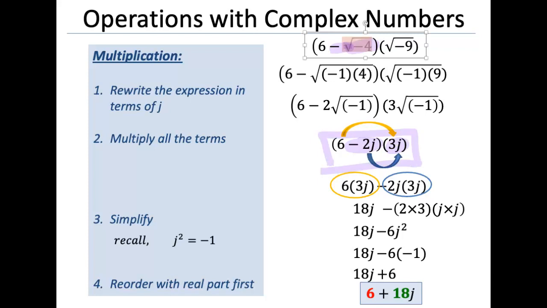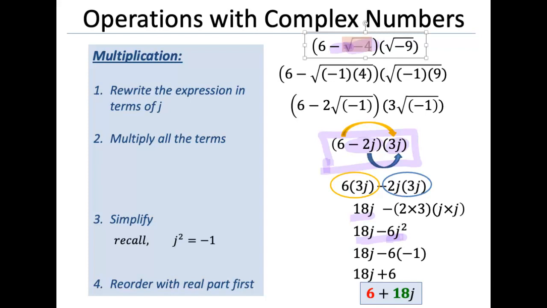So now, just like you would in any algebraic expression, you're going to distribute 3j times the 6 and 3j times the negative 2j. So when we multiply those together, 3j times the 6 gives us 18j. 3j times negative 2j is going to be a minus 6j squared.